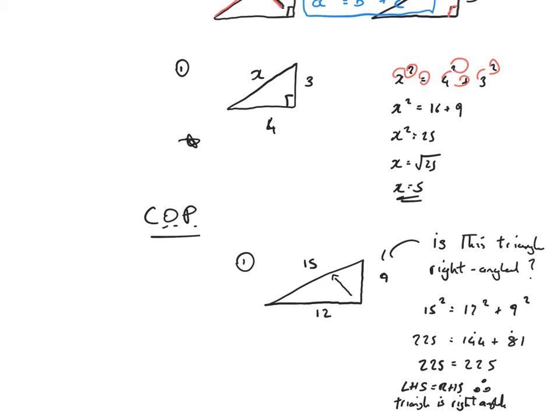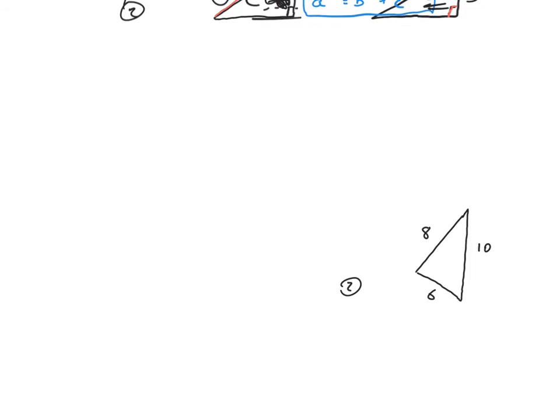Okay, let's try example 2. Again, the question is, is this triangle right-angled? We can tell by looking at it that it looks as if it's right-angled, but what we need to do is prove it's exactly right-angled. So obviously the right angle would be here. Let's try it.